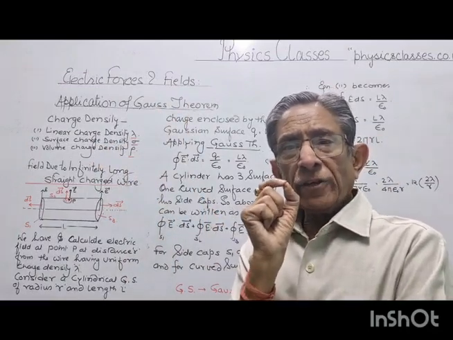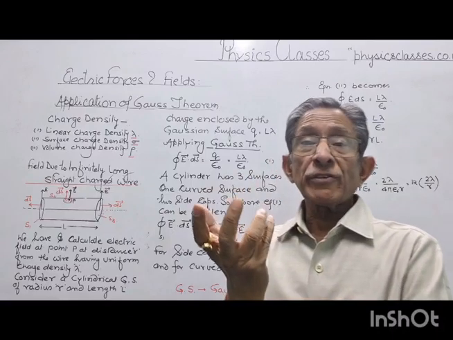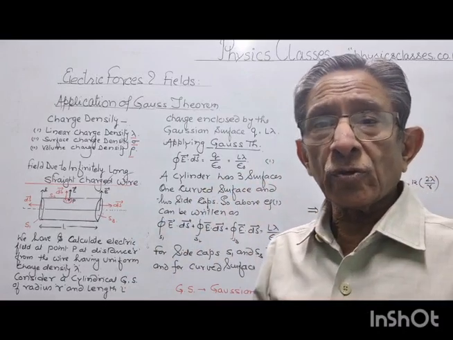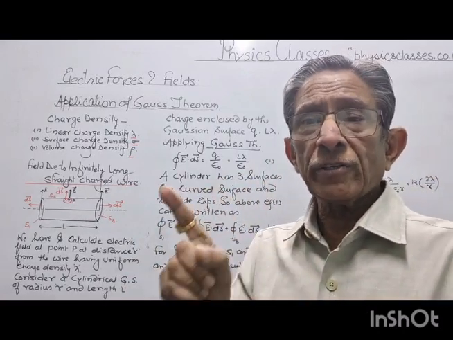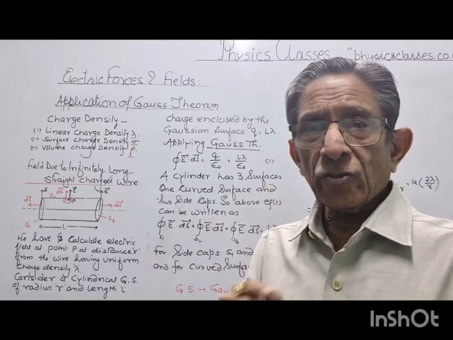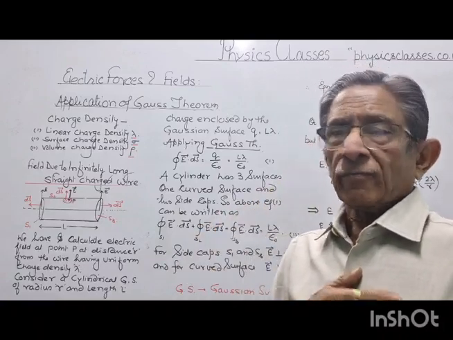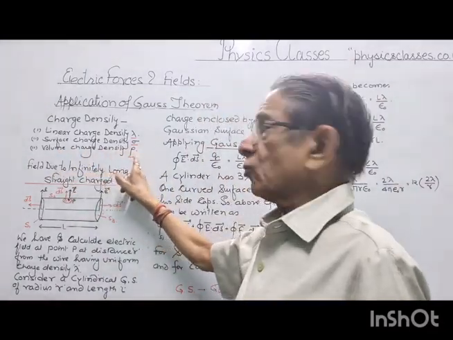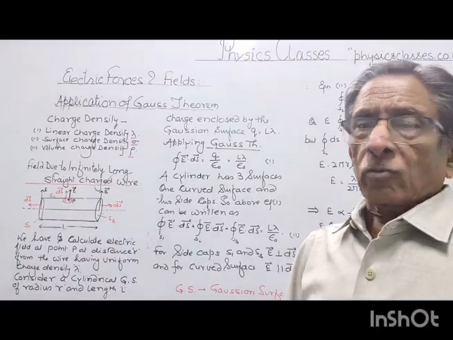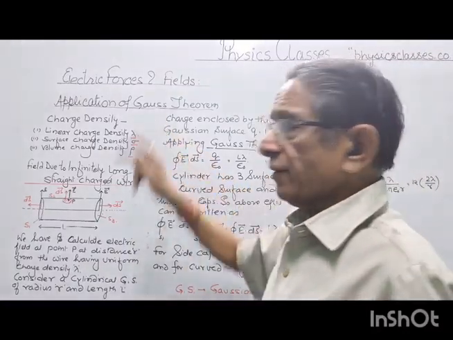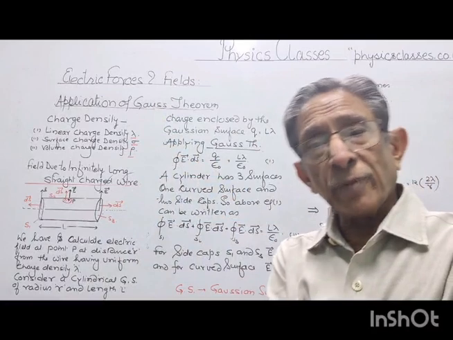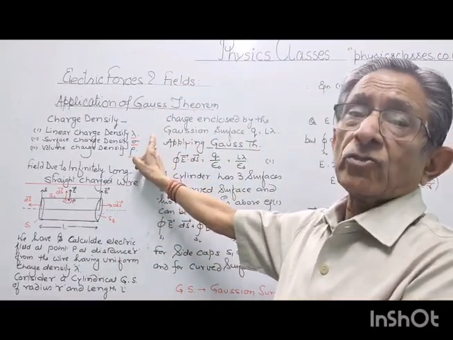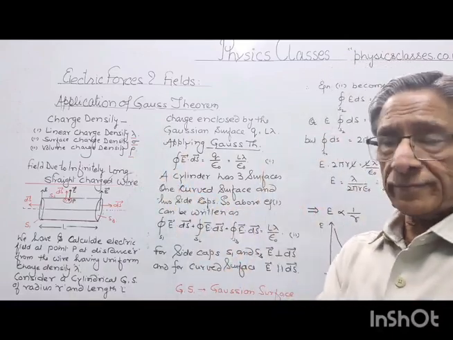In place of a spherical shell, suppose you have a solid sphere. Now the charge is distributed along the volume of the sphere. When the charge is distributed over the volume, it is called volume charge density and it is denoted by rho. So we have to deal with linear charge density, that is charge per unit length, and surface charge density, that is charge per unit area.